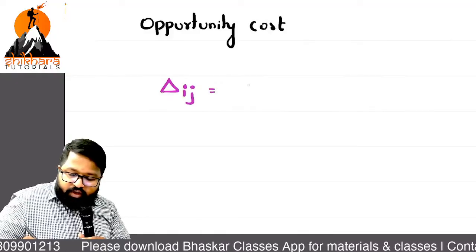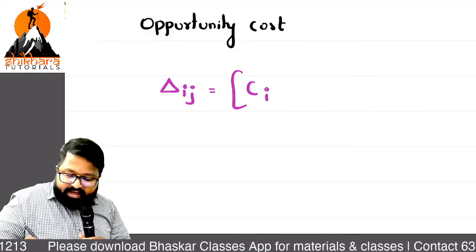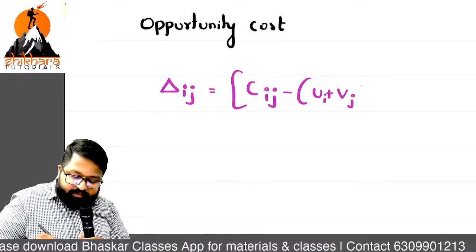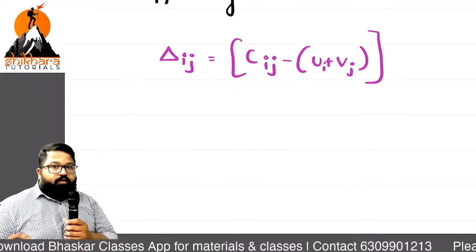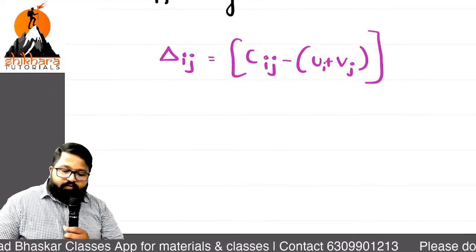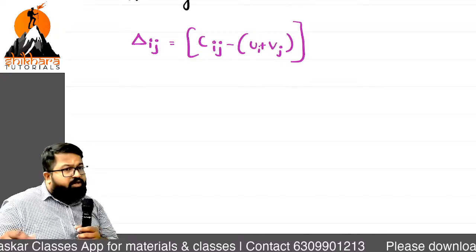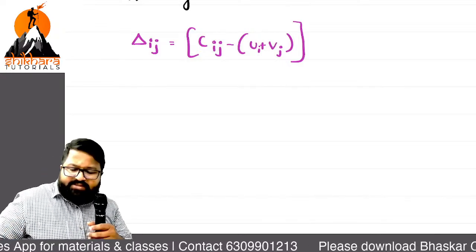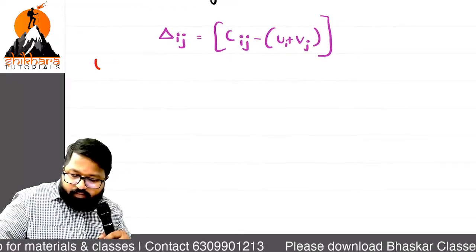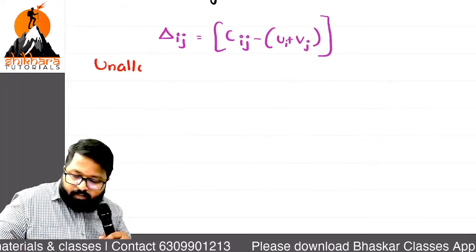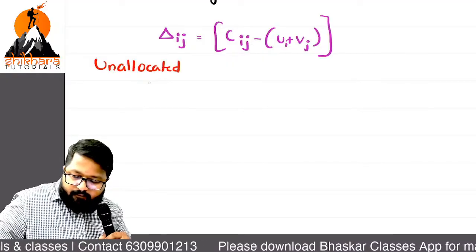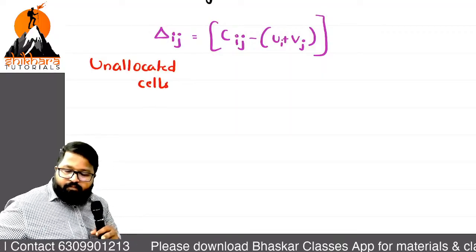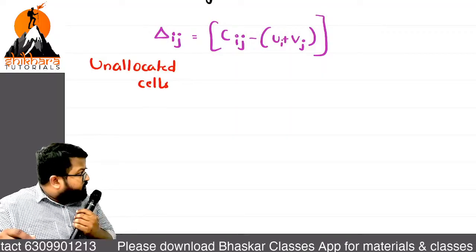Delta ij is equal to Cij minus (Ui plus Vj). Mainly, opportunity cost is calculated for which cells, allocated or unallocated? Unallocated cells.